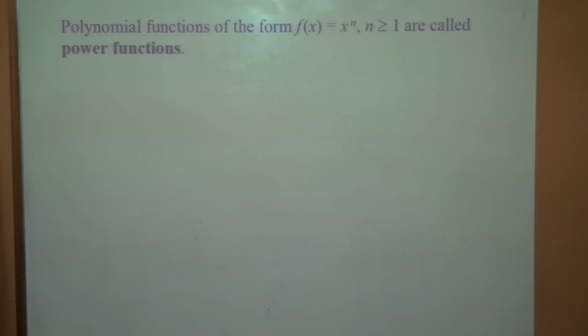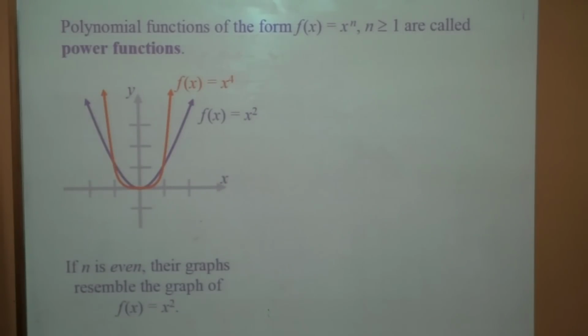Polynomial functions of the form f of x equals x to the n, where n is some number greater than 1, are called power functions. Power functions. Okay? x squared, that's a power function. x to the fourth, that's a power function. x to the third, that's a power function.